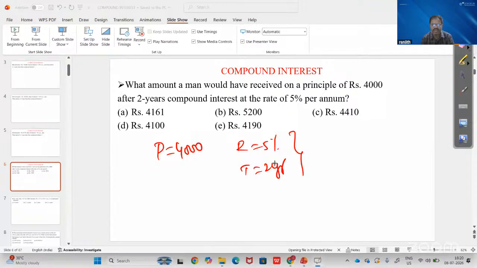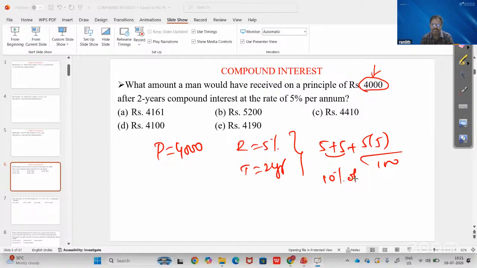What is the rate of interest after 2 years? 5 plus 5 plus 5 into 5 by 100. 5 5s are 25, so it will be 10% plus, more than 10 percentage, but I am taking only 10 percentage. What is 10% of 4,000? 400.